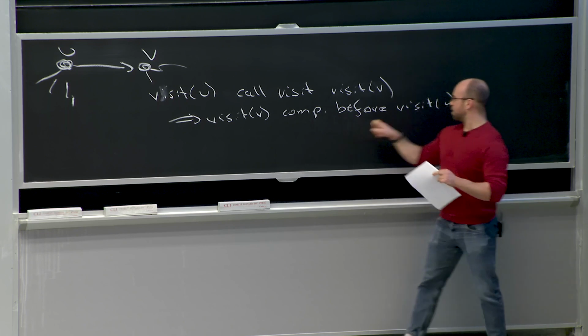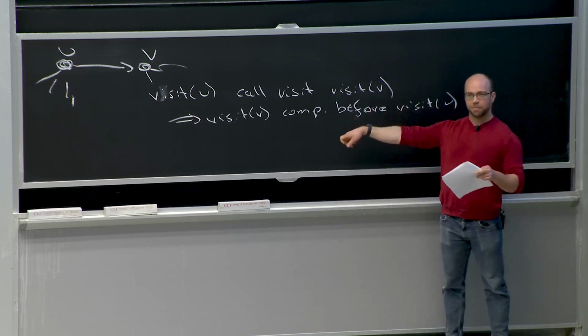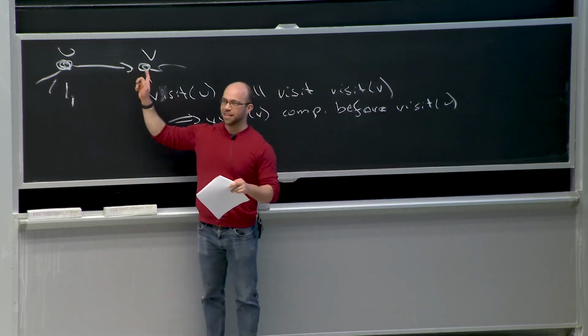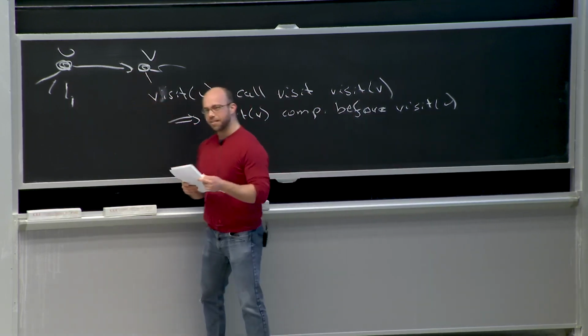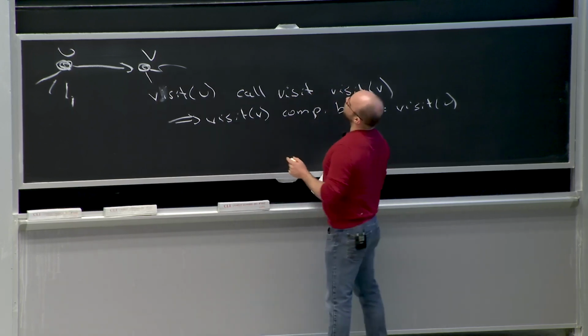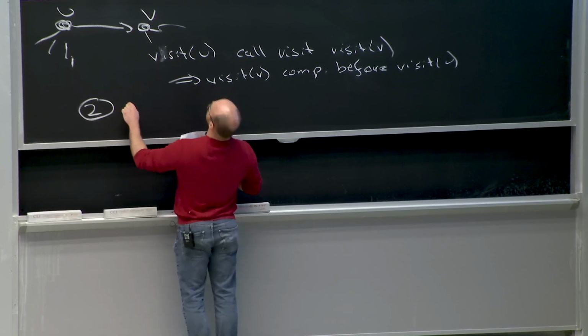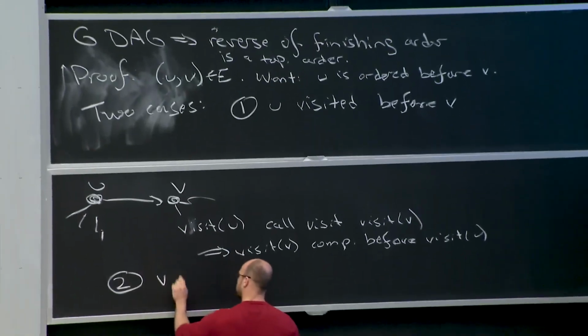If this completes before the other guy, then they get flipped backward in the list, which is exactly what I want because there's an edge from U to V. Okay, so case 1 is done. Now we have case 2, which is that V is visited before U.